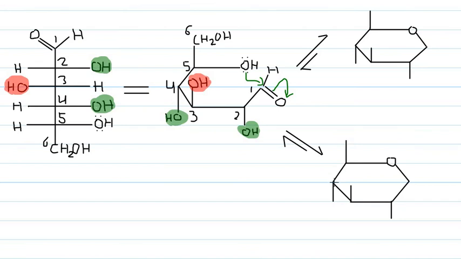Now up, down, up, down, up. Alternatively, there is one possibility: up, down, and down. Second possibility. So there are two possibilities. First I have to place all these groups onto these two structures. This is CH2OH.